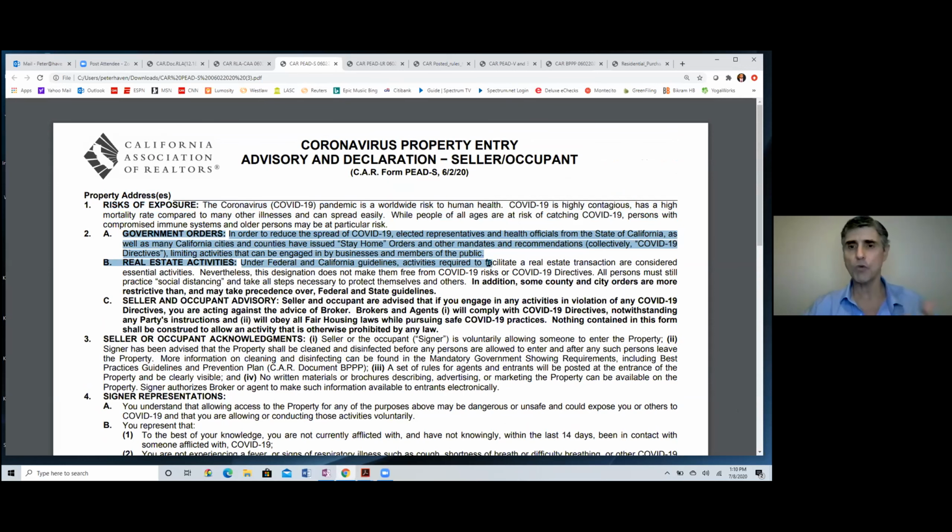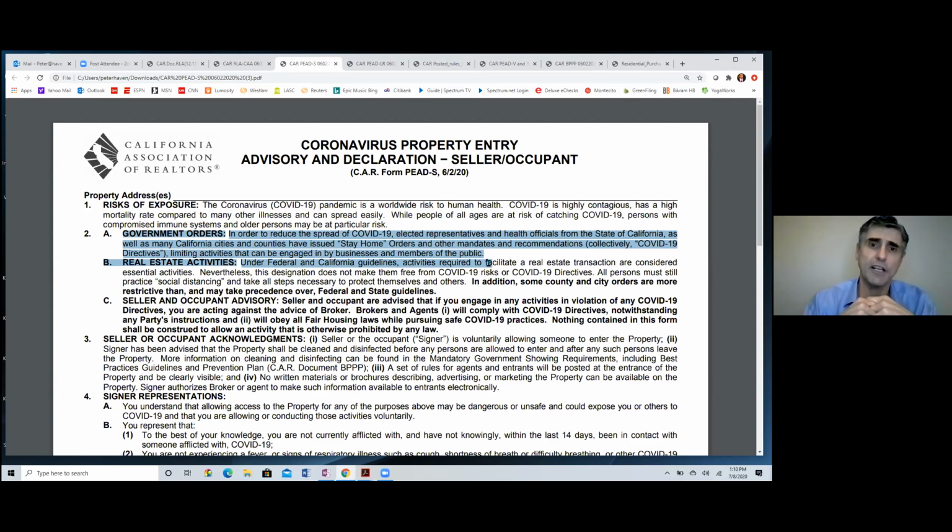Remember, CAR is a statewide California organization. It's not really a governmental entity. CAR is the California Association of Realtors, and it's the governing body of realtors. It's not the government per se.